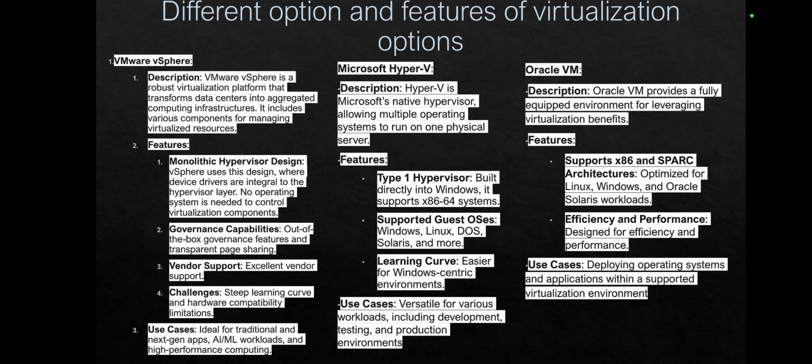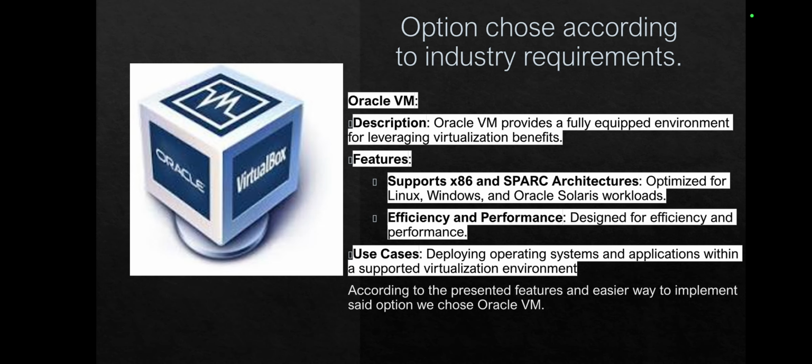It is designed for efficiency and performance. Use cases: deploying operating systems and applications within a supported virtualization environment. We have those three options that we can use to implement in our company. And the one we chose is Oracle VM.